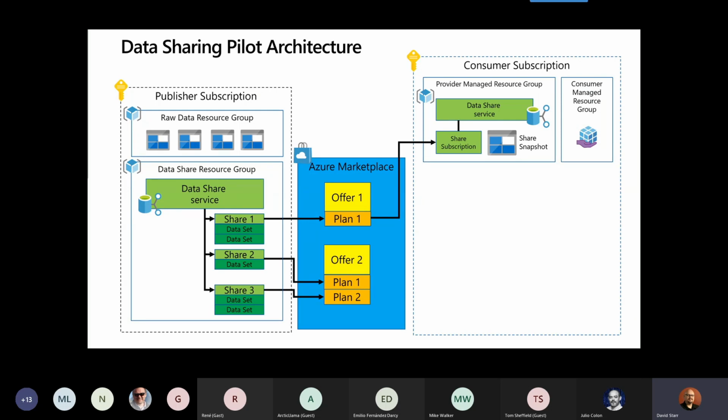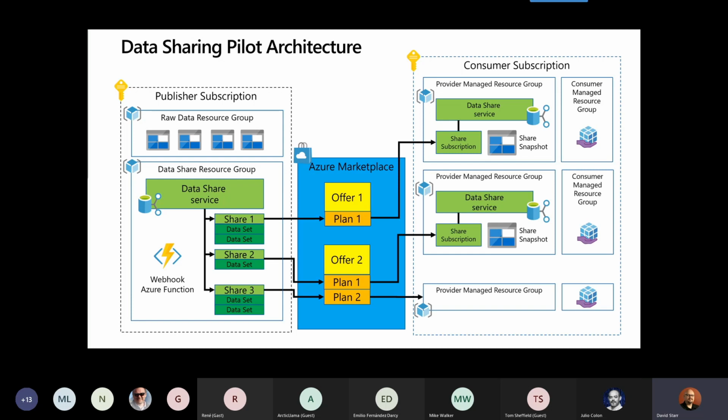And I was giving permission to the customer to look at the data share service and at the share snapshot. And that, as I said, came from a very real example. So when people buy these plans, we do it again, and again, and again. And that's what this particular architecture looked like.